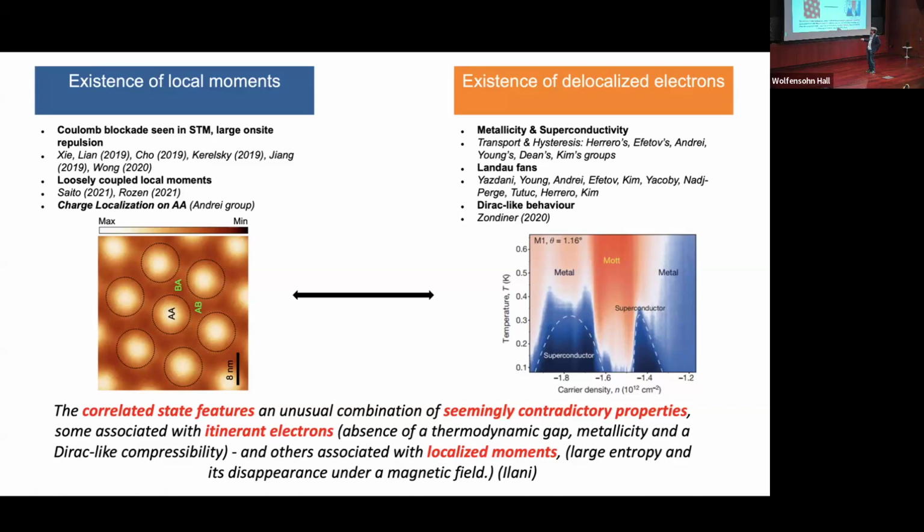If you look at the initial experiments, early in the days, I guess, you can see that there's something very weird about them. Of course, the system superconducts, and it has metals, and superconductors, and it even has Chern insulators, which are at some finite field, or field-induced Chern insulators.